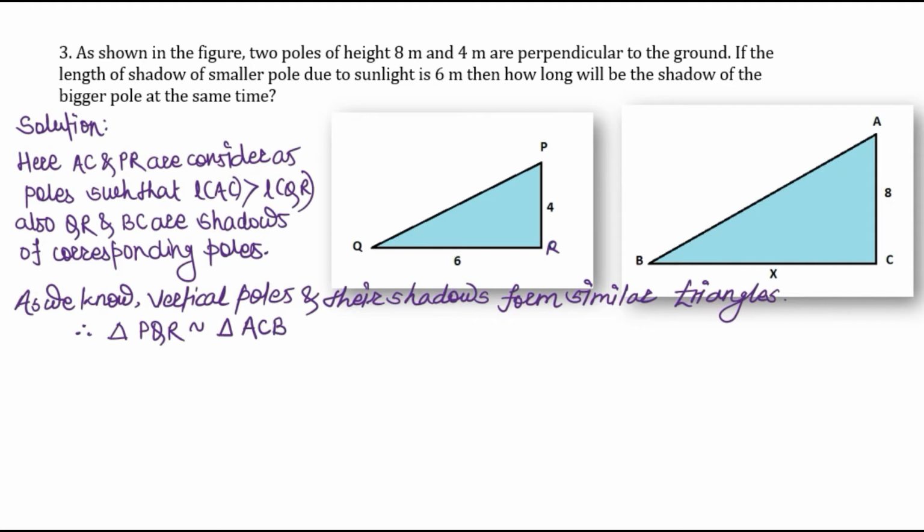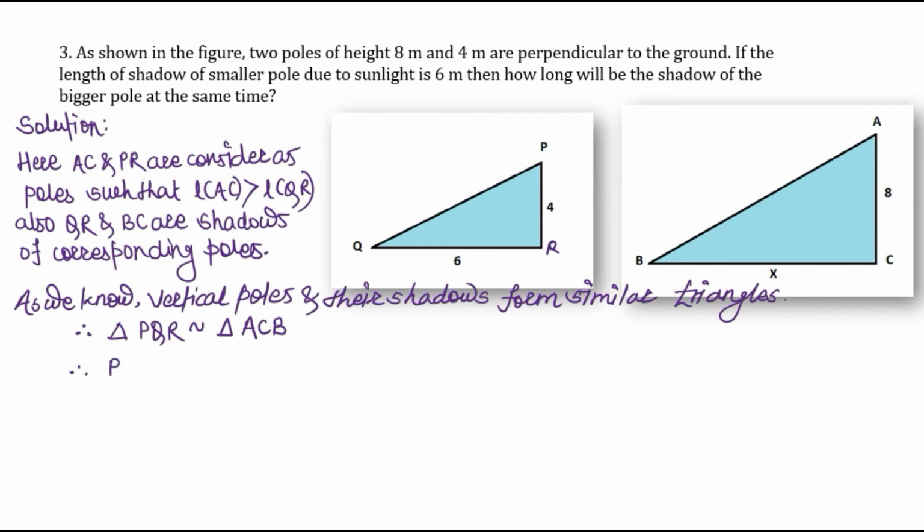Now, one-to-one correspondence is very important here. Here, P corresponds to A, R corresponds to C, and Q corresponds to B. Hence, I can write PAQCRB. So, in the next step, we can take ratio of corresponding sides.